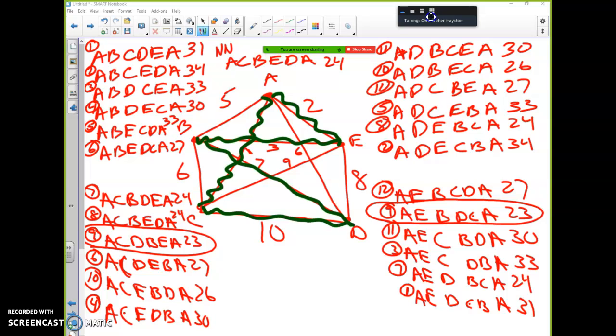So if I go on this one, it's A, C, D, B, E, A. Okay, so A, C, D, B, E, A. And if I look at my best route, it was A, C, D, B, E, A. It's the same one. Okay. AC is 1, 11, 18, 21, 23.